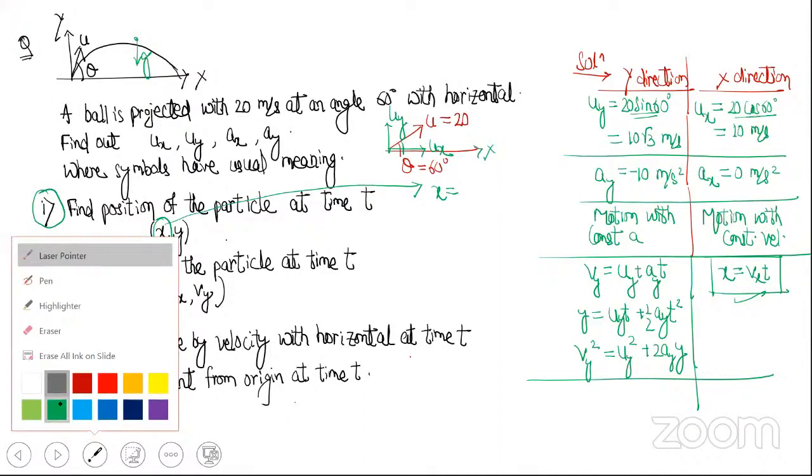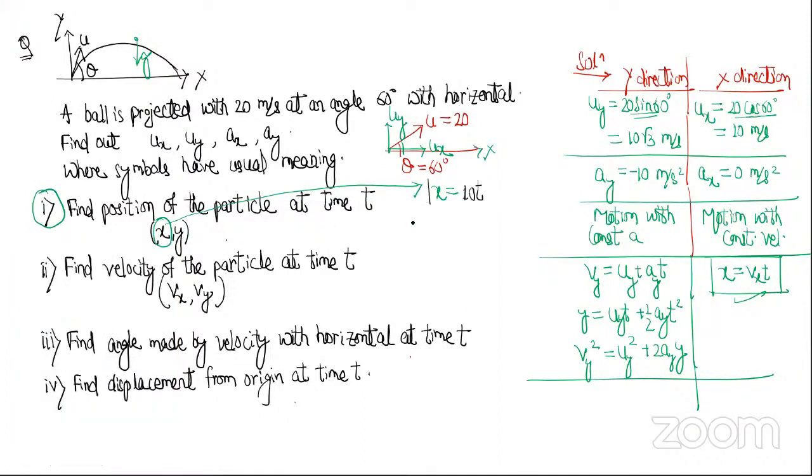Achha, next is the y coordinate. For the y coordinate, which equation should I use? Check, all the equations are there. This one, s equal to ut plus half at square, but which a? In y direction, u will be 10 root 3 into t.